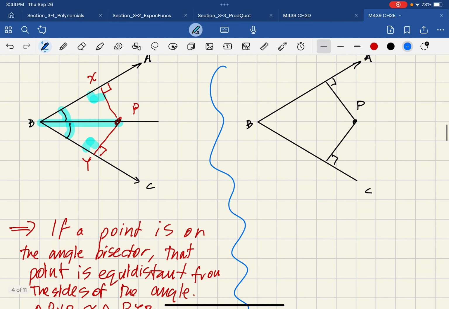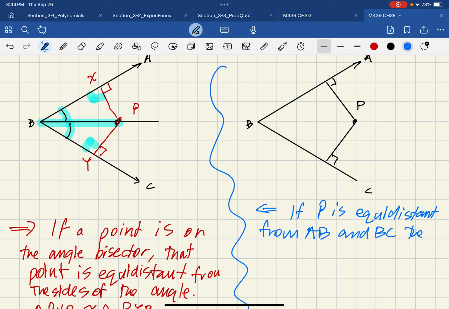So how would it work here? The reverse direction is if P is equidistant from AB and BC, then P is on the angle bisector.